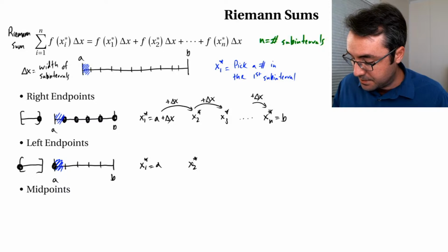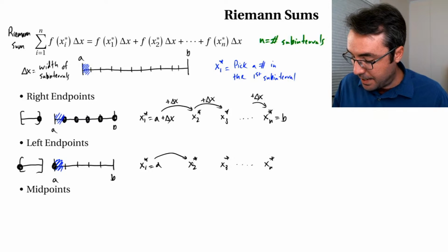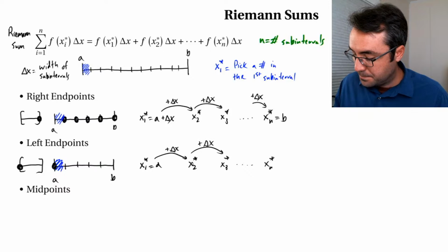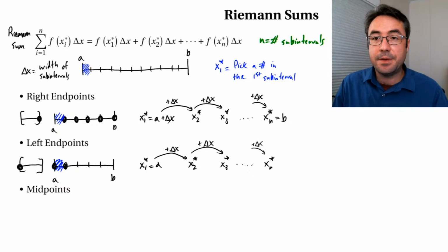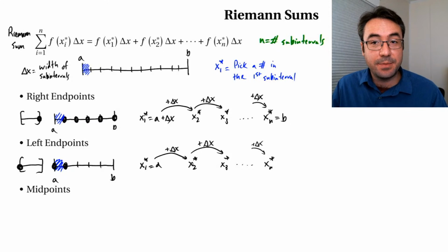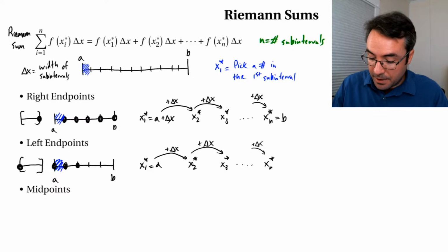So for our next, we're just going to add delta x. And so ultimately what this does is it gives us the endpoint for our second subinterval. This would be the point that we choose for our third one, our fourth one, and our fifth one here.